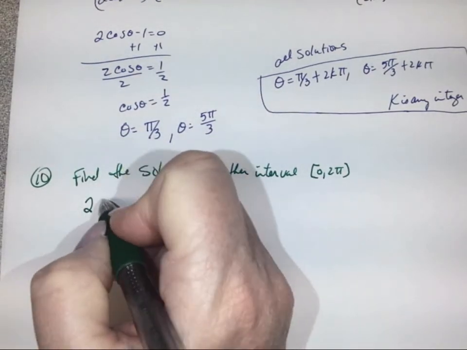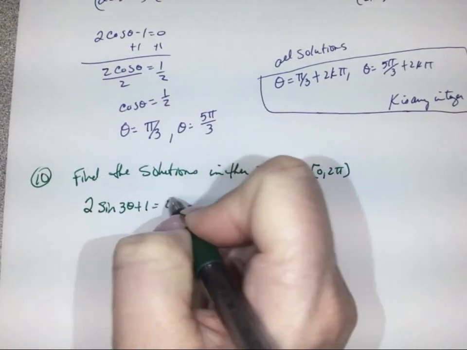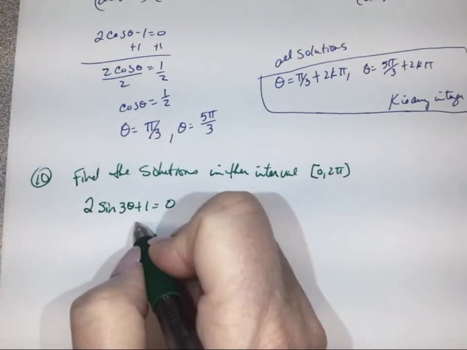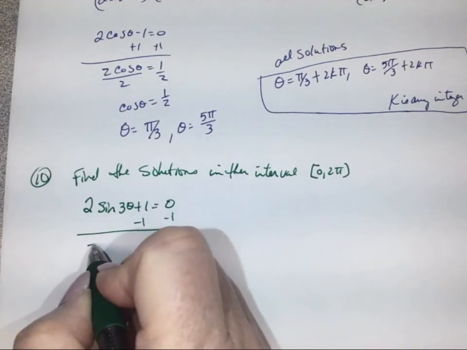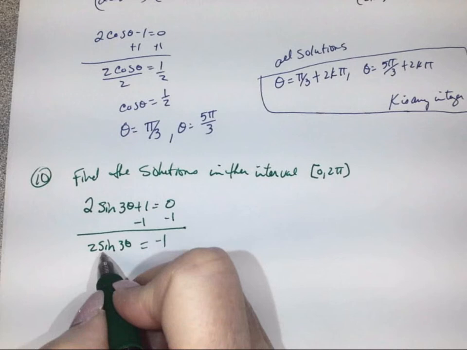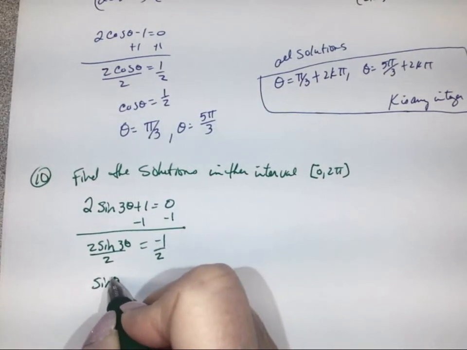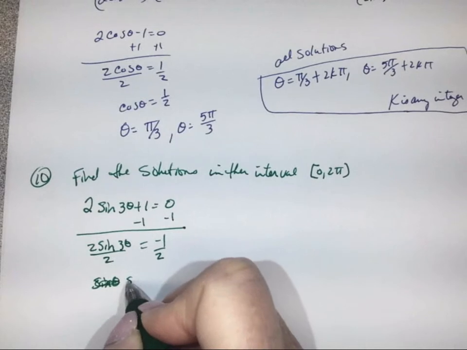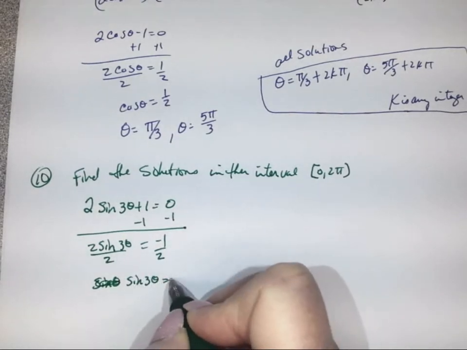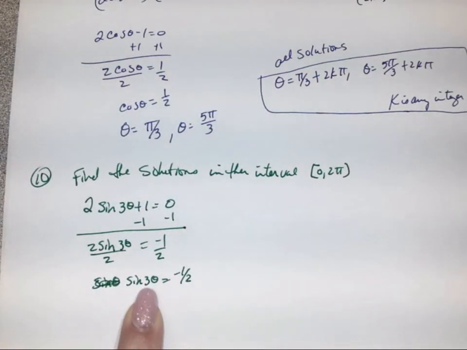All right, so here is our equation. We have 2 sine 3 theta plus 1 is equal to 0. So we're going to subtract 1 from both sides and get 2 sine 3 theta is equal to negative 1. Divide by 2, and sine of 3 theta is equal to negative 1/2. So what we need to understand is what our theta is going to be.